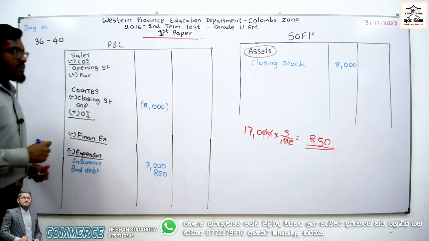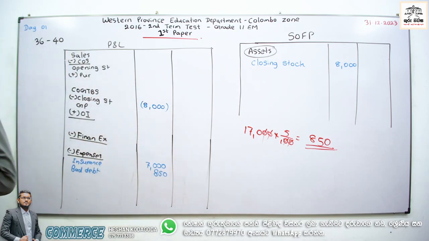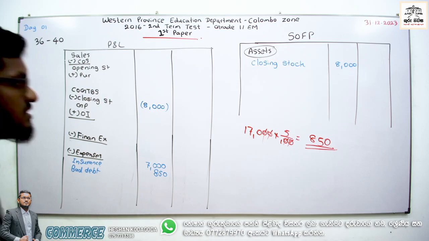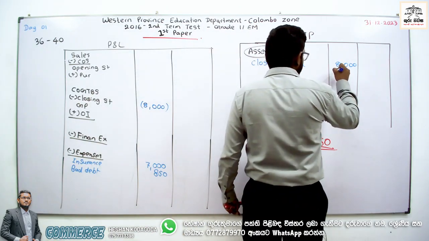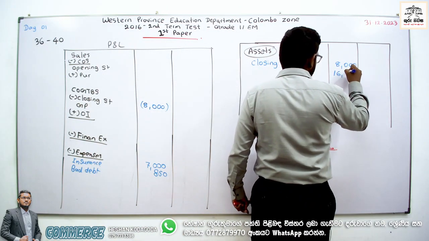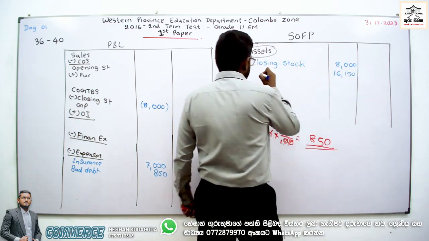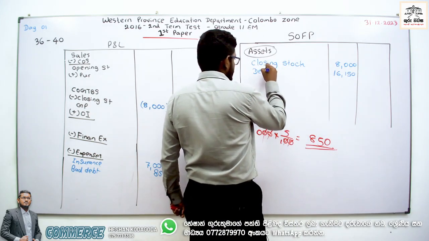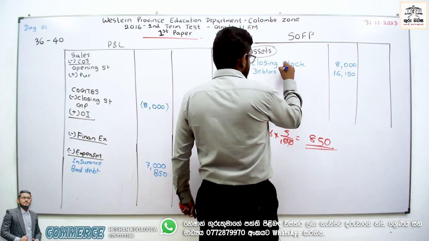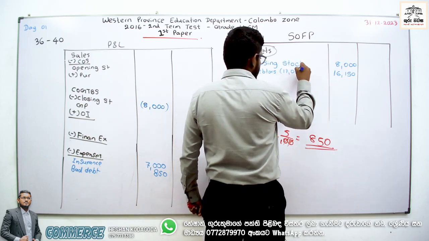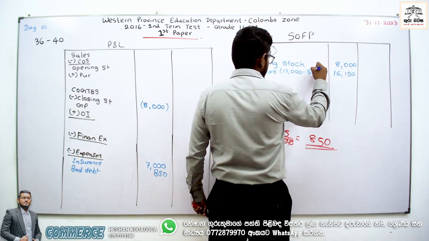We write the debtor value after deducting the bad debts, right? Debtors are 17,000. You need to deduct this 850. Now it's 16,150. This is the debtor value, which means 17,000 minus 850.